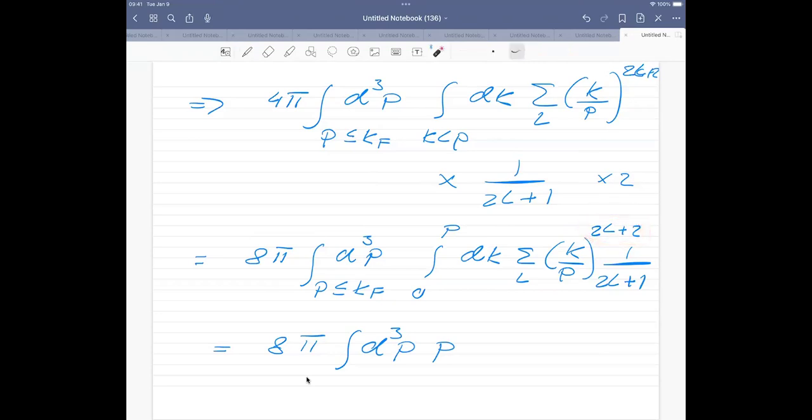So that gives me a 2L plus 3. So I get then a sum over L, and I have 1 divided by 2L plus 1 and 2L plus 3. And now I'm soon there. So let's just wrap this up, and then after the break, so let me just sneak in 1 more minute.